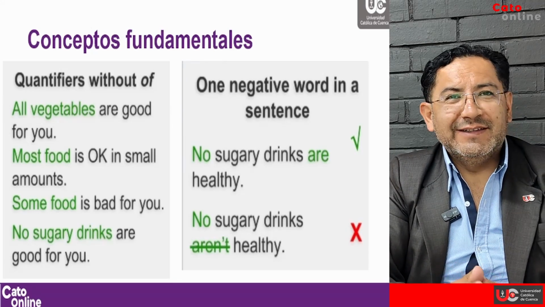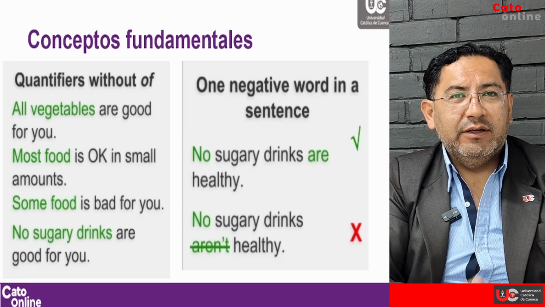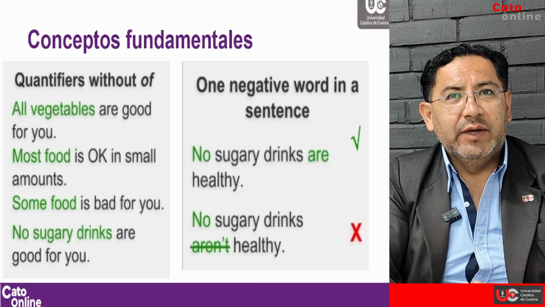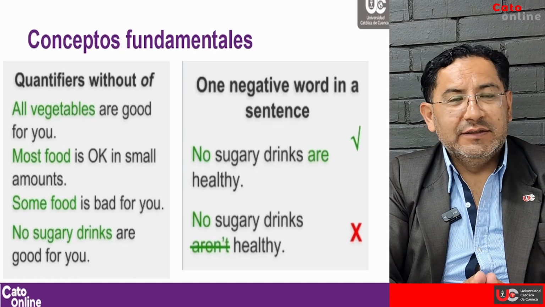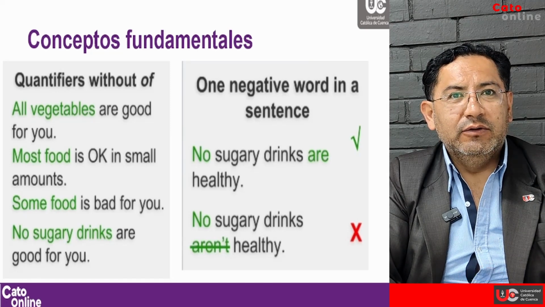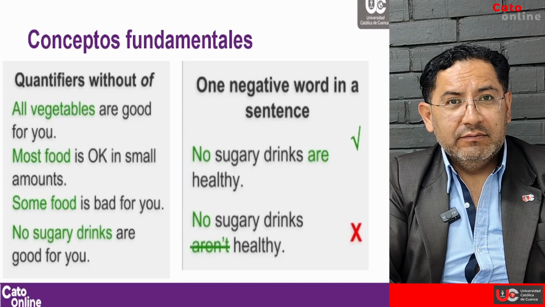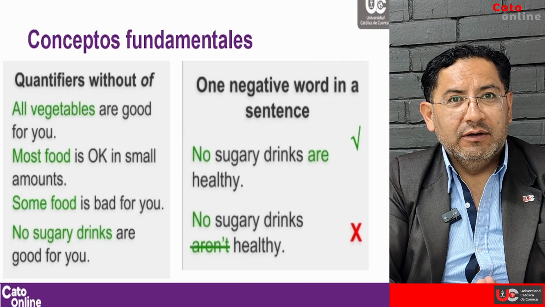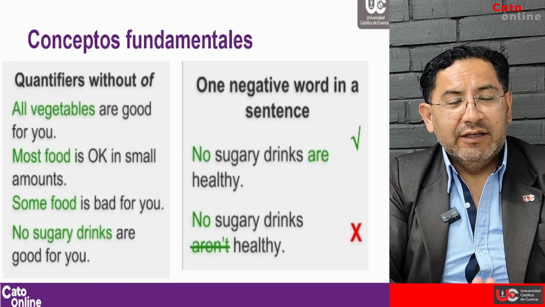No, we have to say all vegetables. Most food without of. Most of food is incorrect. Most food. Some food is bad for you. Remember, without of, no sugary drinks. No sugary drinks, it's correct.